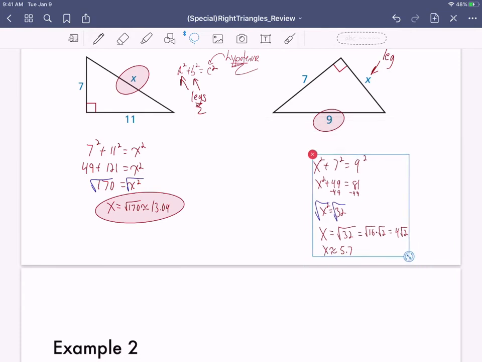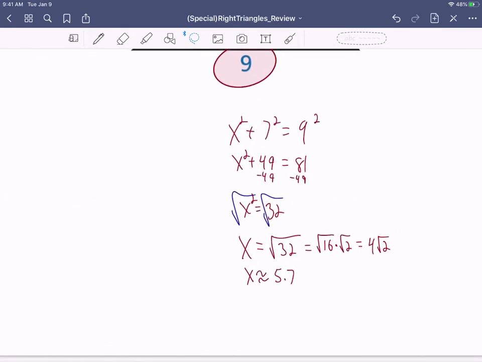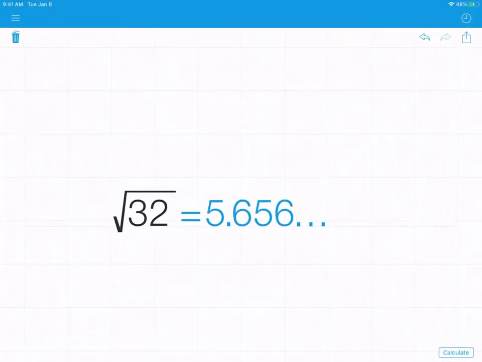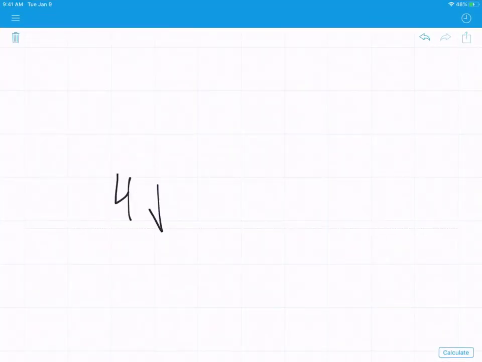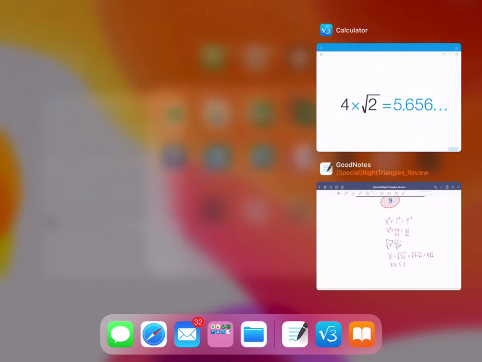Depending on the directions, you decide what to use. For those of you who are curious, 4 times the square root of 2 is another way to write the square root of 32. If we were to punch 4 square root of 2 into a calculator, you still get 5.7. Same exact value, just a different way of writing it.